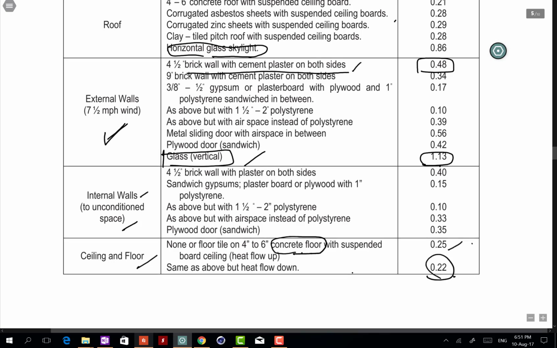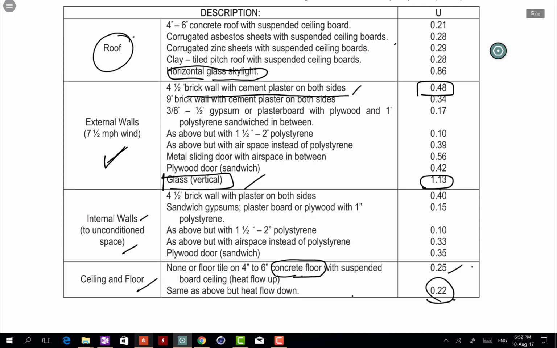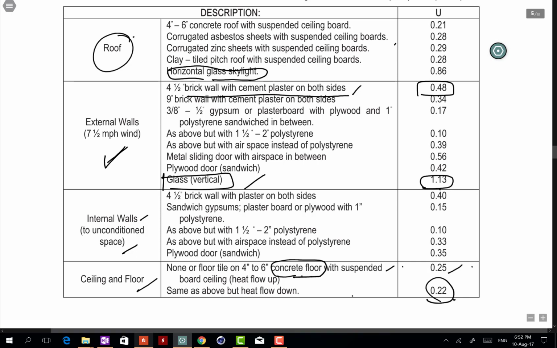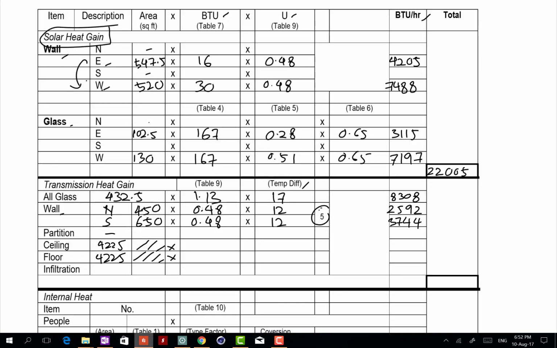But if your house only have one floor, it means that you need to use roof. Okay, so for our case, we only have one floor and there is no concrete floor used here. So we use corrugated asbestos sheet with suspended board ceiling based on the question. Okay, here roof, that's why we use roof instead of concrete floor.